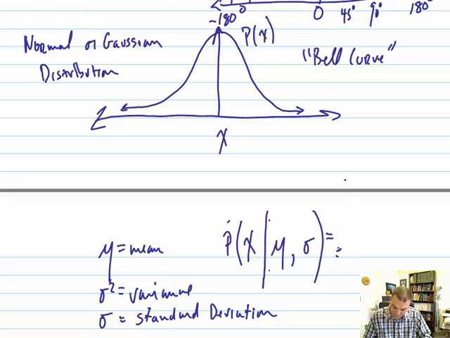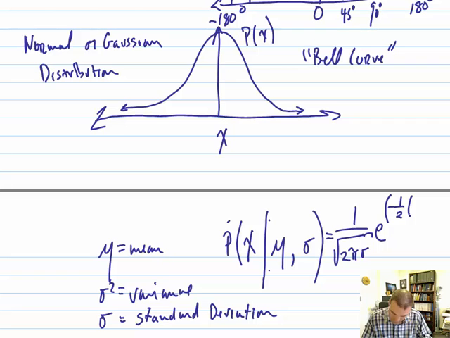And it is equal to, let me clean some of this up here, 1 over the square root of 2 pi sigma, e to the minus 1/2 times x minus mu over sigma, squared.